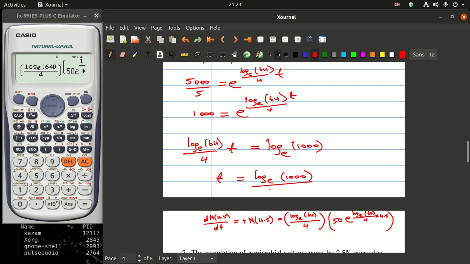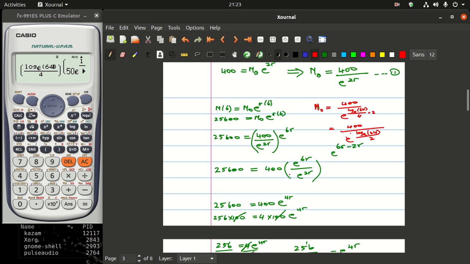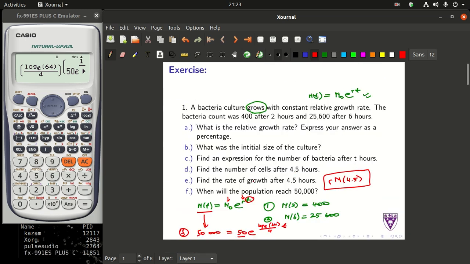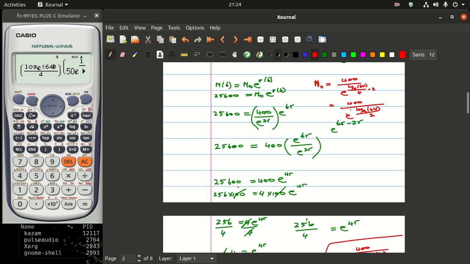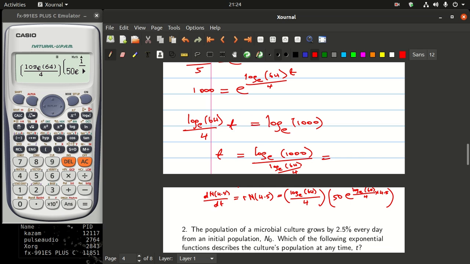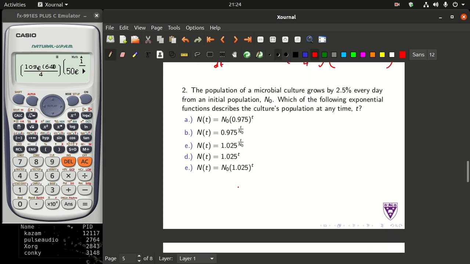So this chunk is going to be log e 64 all over 4, and then you can punch your calculator. It's going to give you answers. If you don't have a calculator, you leave it like that. I was just trying to illustrate how you actually go about this, that you are just using the formula, nothing much. You just use the formula, you keep punching in the numbers.